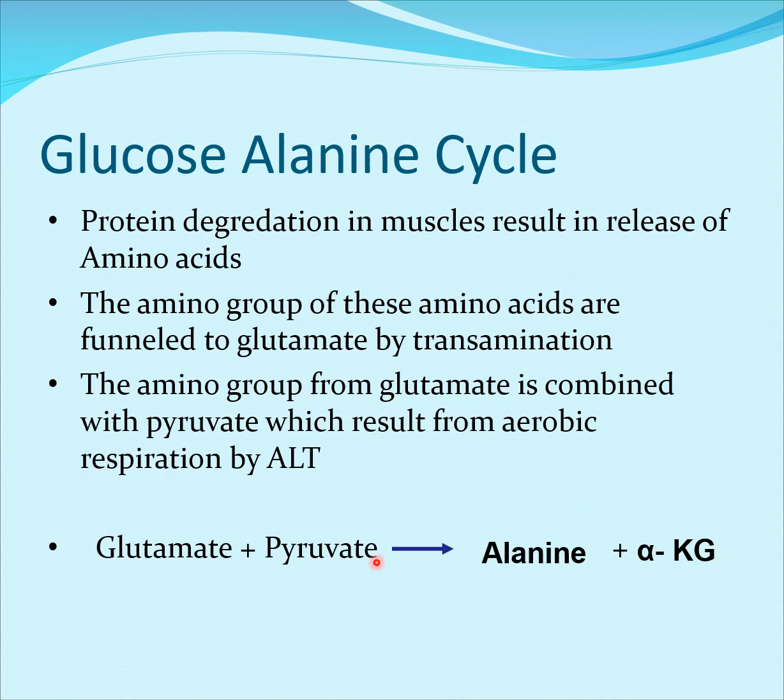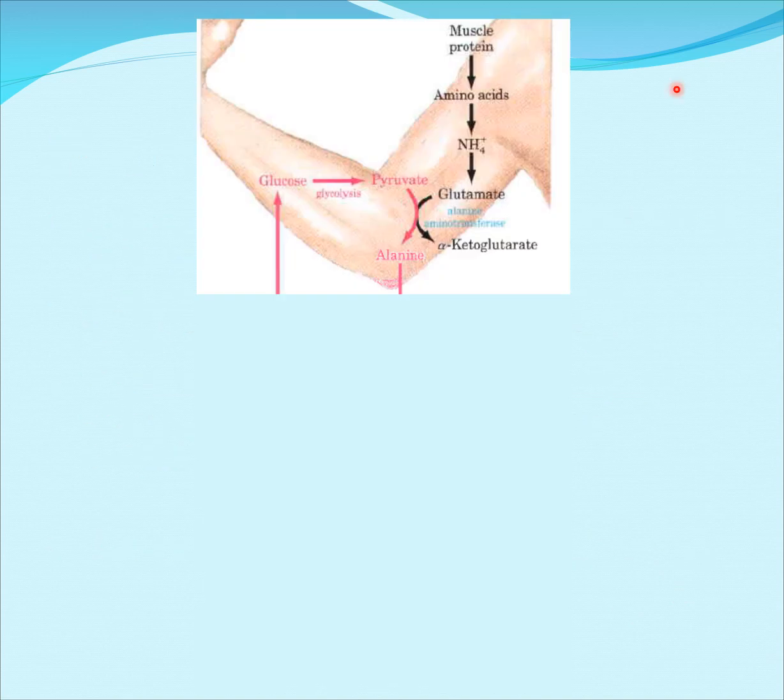So the end result of this first part of the cycle is that protein degradation results in an increased concentration of alanine inside the muscle. This is muscle protein degradation forming ammonia. Ammonia is funneled into glutamate, and then glutamate, by transamination with pyruvate, forms alanine.